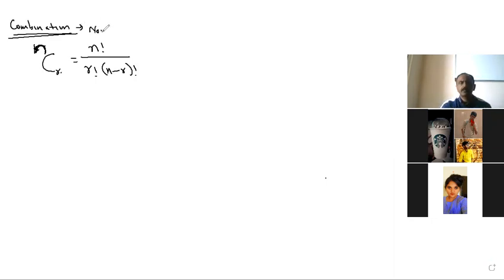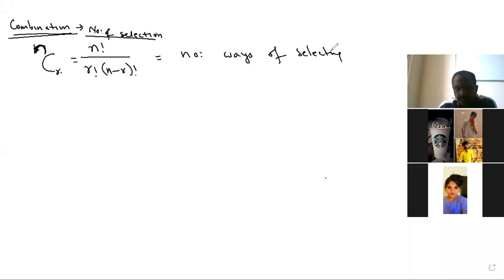Number of selections, number of choices. After you write NCR, it is the number of ways of selecting n things taken R at a time.